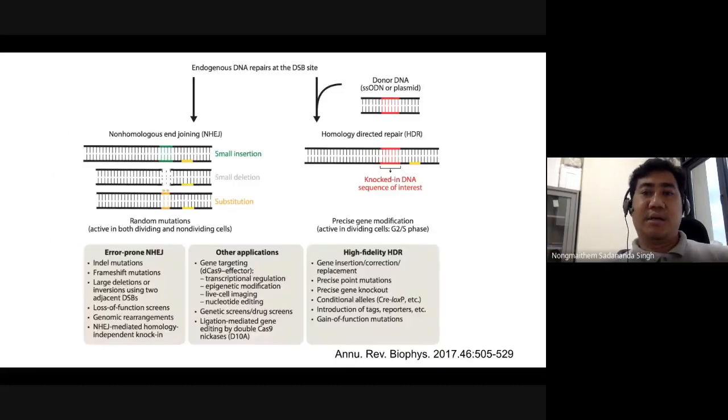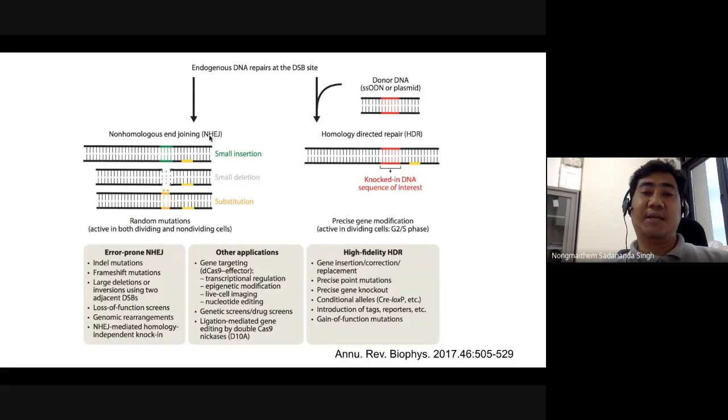So this double strand break, when we talk about it, double strand breaks are the most dangerous breaks in the system, correct? So it has to be repaired by the non-homologous end joining method or the homology directed repair way. That we have discussed in our DNA repair classes, correct?